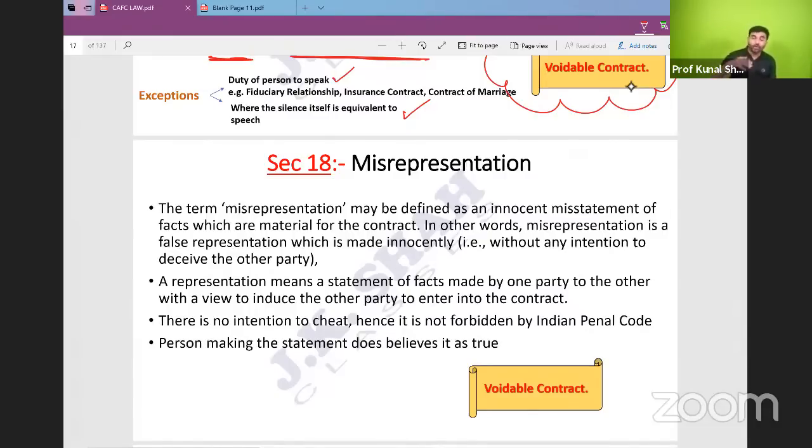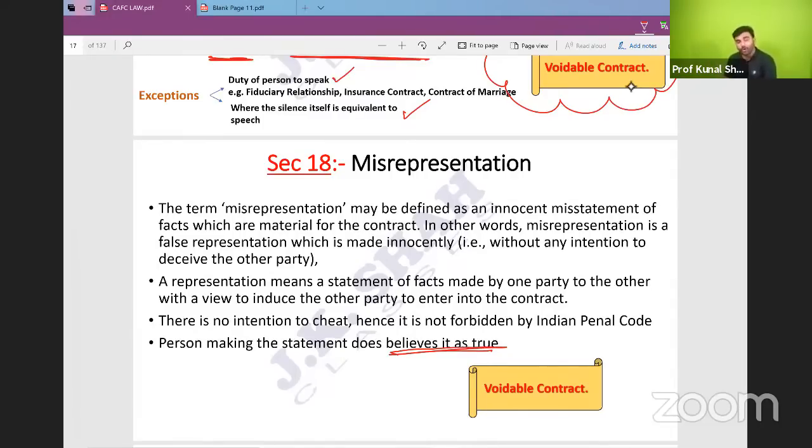In case of fraud, the person giving a fraudulent statement knows that the statement is not true. But in case of misrepresentation, the person making the statement believes it to be true. However, later on, it turns out to be false. The person gave the statement out of innocence. He never knew that it would turn out to be a false statement.